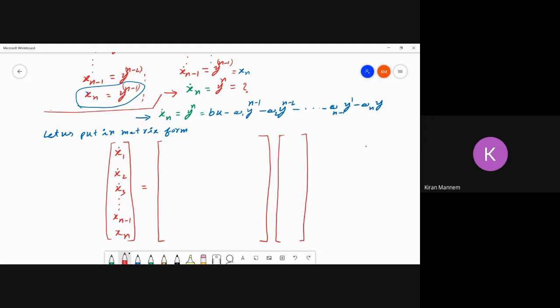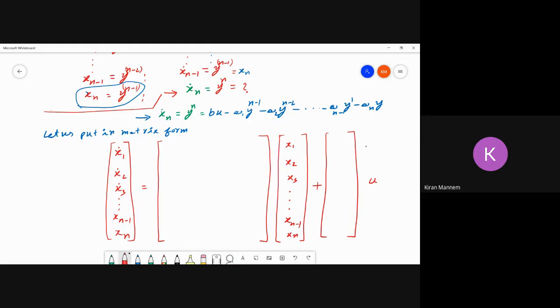So what is x of t? x1, x2, x3, 3 dots, x n minus 1, x n plus B matrix into input matrix, that is U, right?